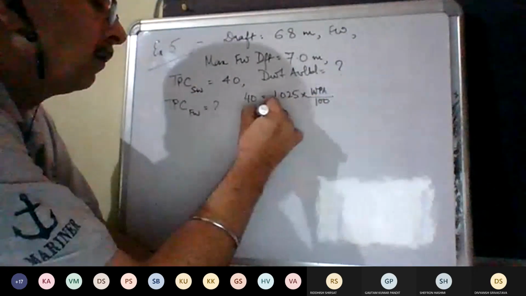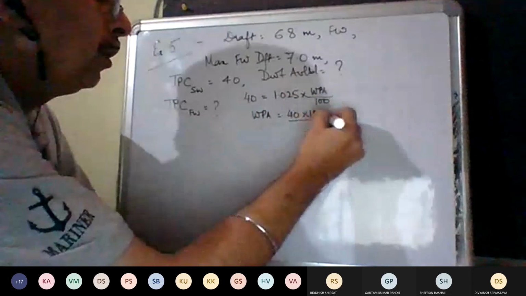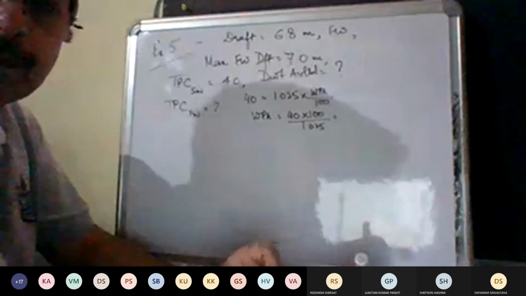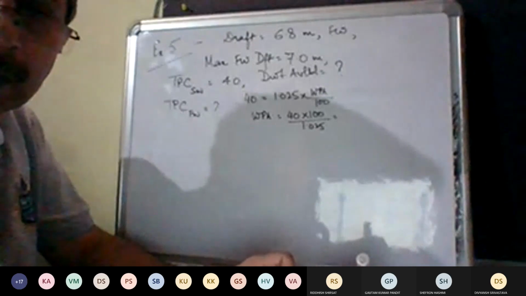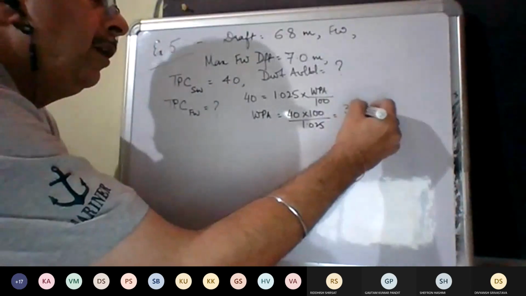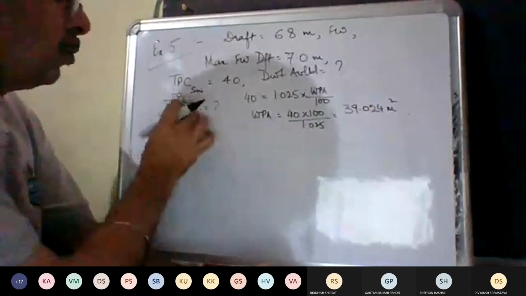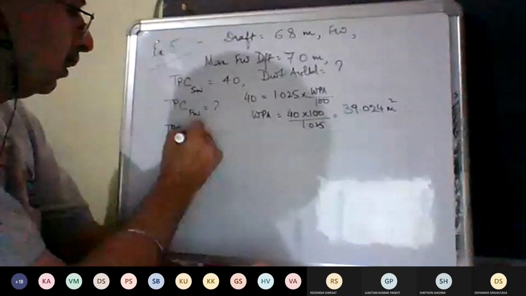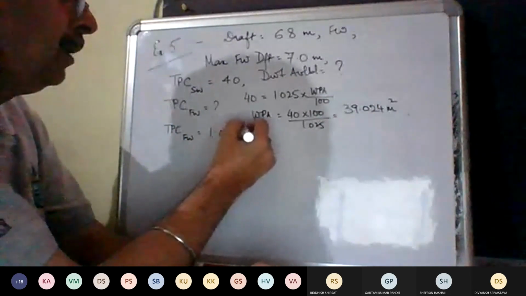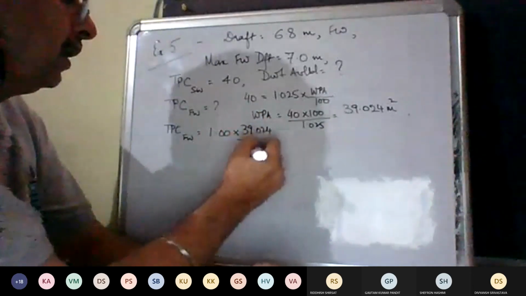So water plane area will be equal to 40 into 100 divided by 1.025. This is my water plane area. When I go to TPC freshwater, TPC freshwater is density freshwater 1.00 multiplied by water plane area, which remains the same, divided by 100.